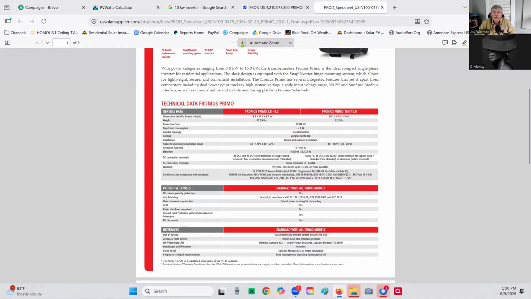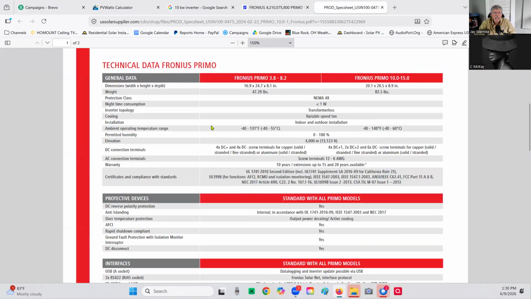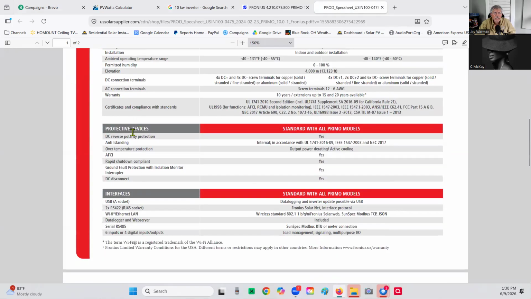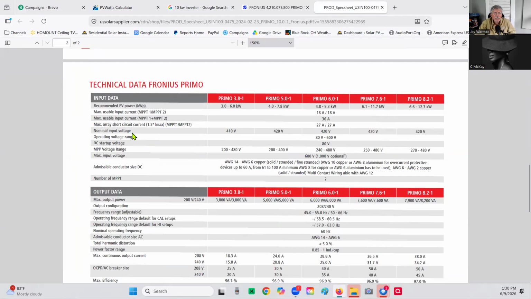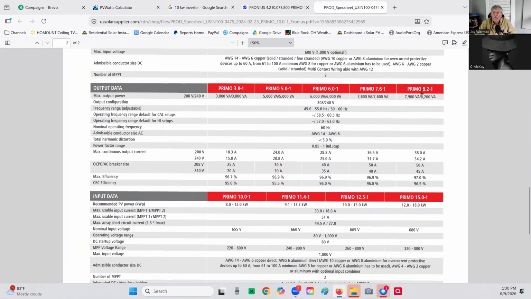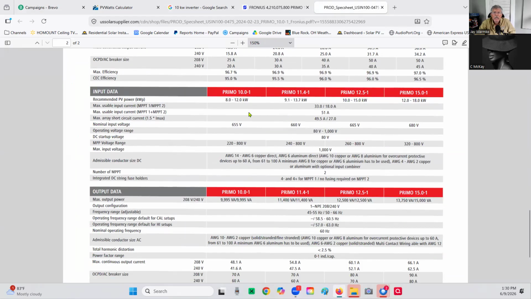So let's go ahead and zoom in on this data sheet, and we're going to see, okay, it's the Primo 10, and it says the nominal, we can use 240 up to 800 volts. So we're still going to be dealing with 600 volts.